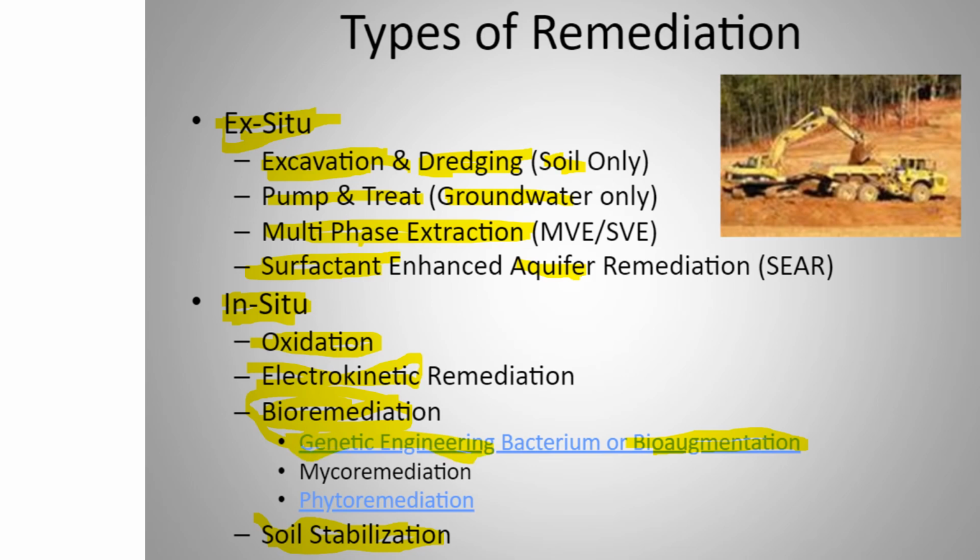It can either stimulate the indigenous population, which has the capacity to biodegrade an organic pollutant, or else you can engineer a vector or a bacterium which has enhanced, advanced capabilities of biodegradation or biosorption, and you introduce these lab-generated bacteria into the environment. Similarly, you can do the same for mycoremediation. You can use fungal consortiums, you can use plants, which is phytoremediation.